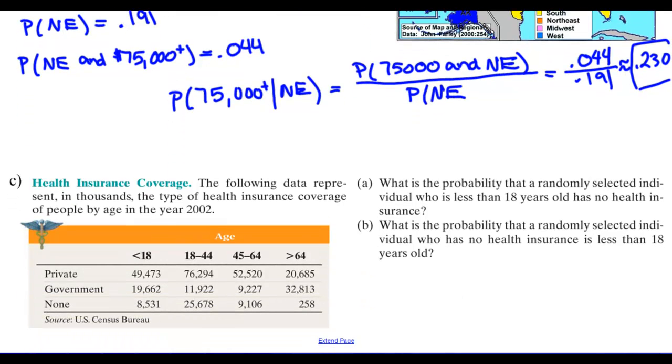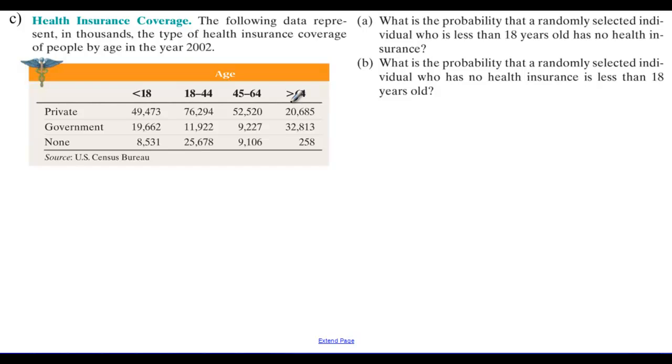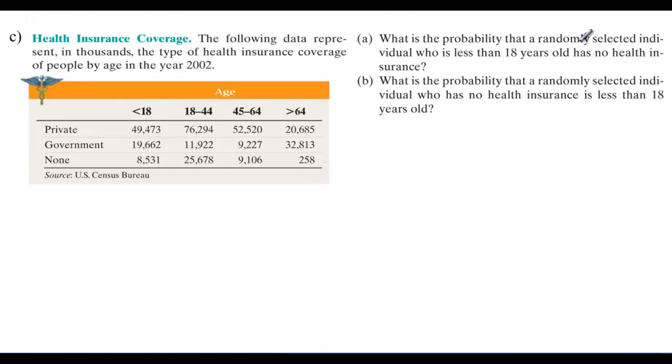All right, now let's look at health insurance coverage. The following data here represents in thousands the type of health insurance coverage of people by age in the year 2000. So for part A, it's asking us what's the probability that a randomly selected individual who's less than 18 years old has no health insurance.